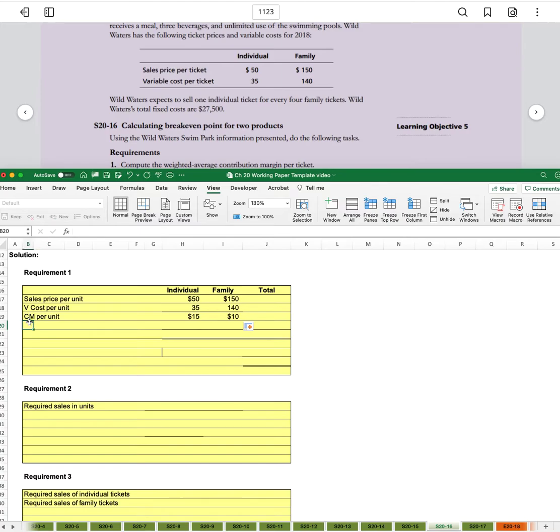Then we need to apply the sales mix. The sales mix was 1 individual for every 4 family tickets for a total of 5. Add those together.